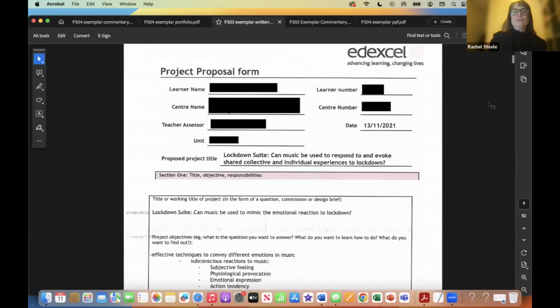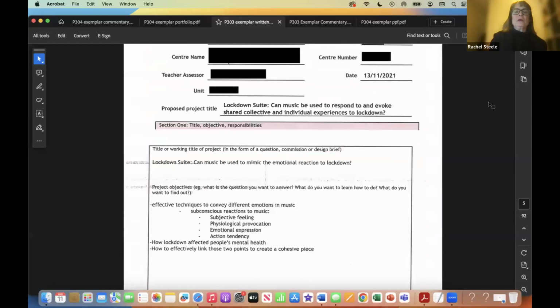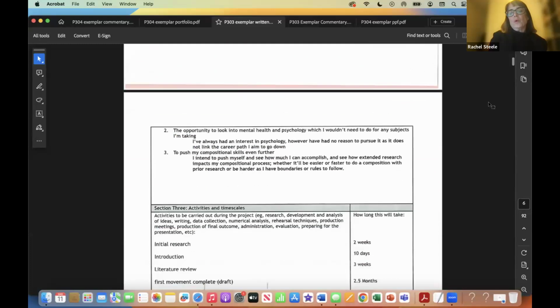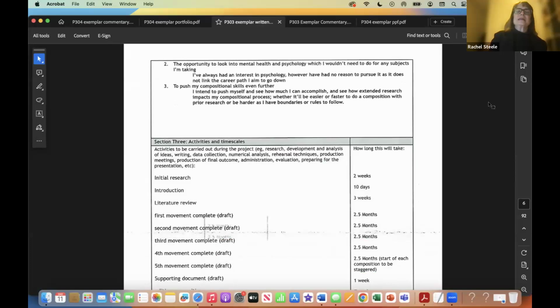As we go through, you'll see the project proposal, succinct, clear, full marks, because we can reward material and evidence that's elsewhere.